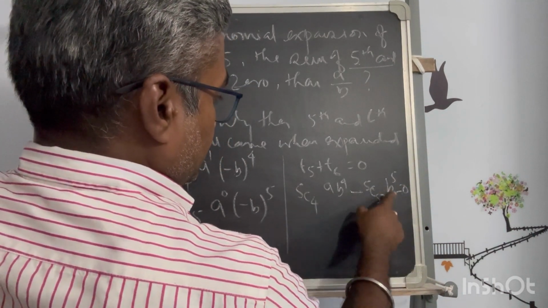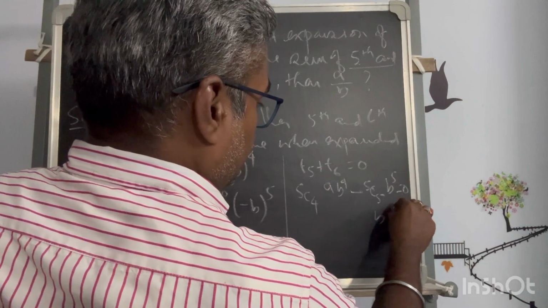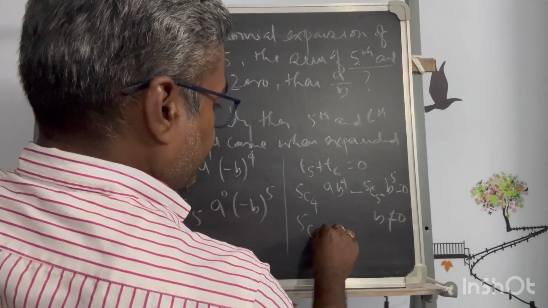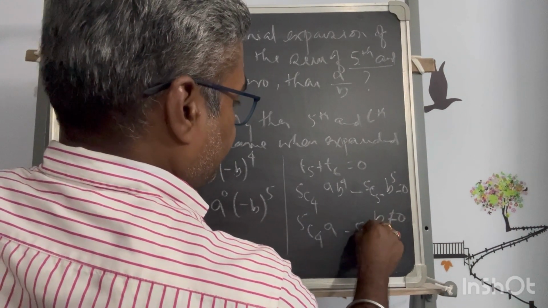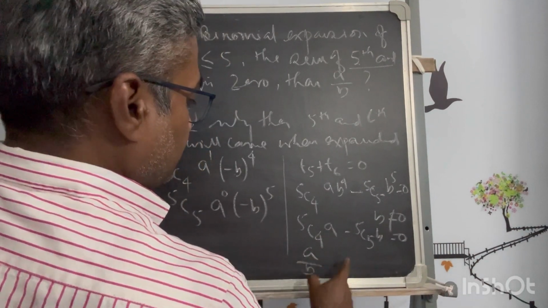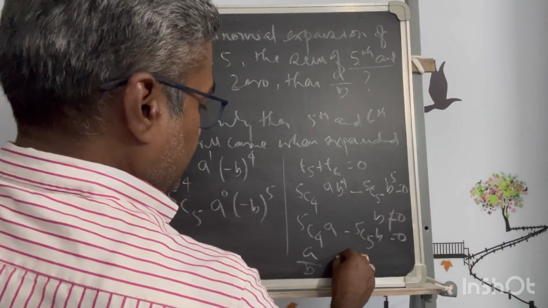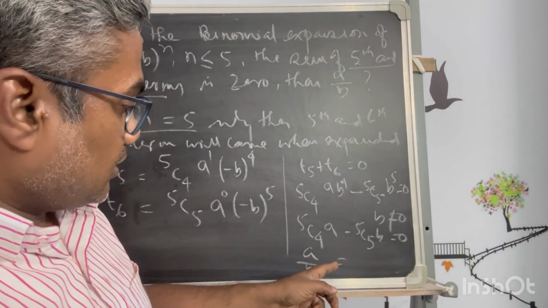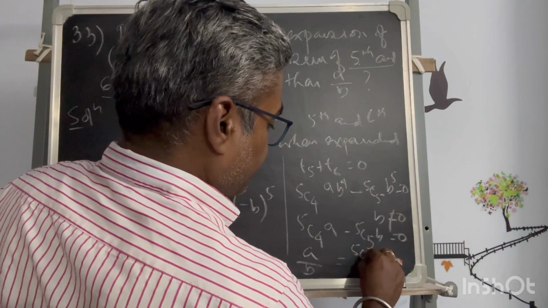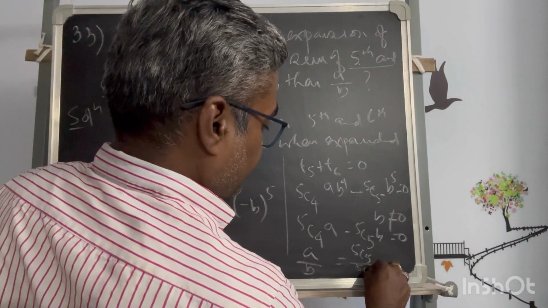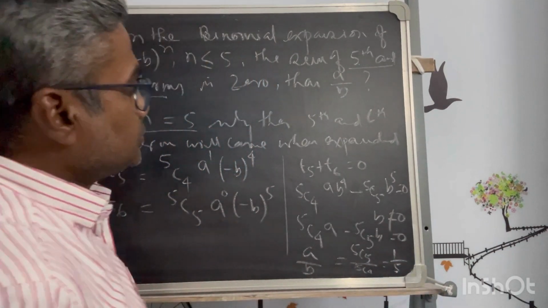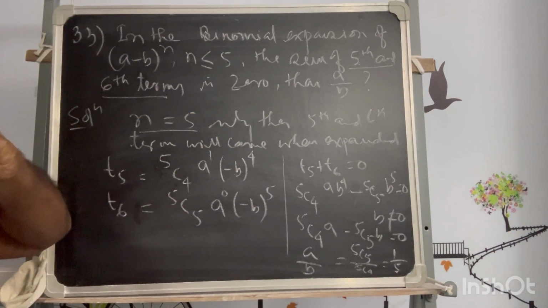Then b cannot be 0, so b to the power 4 can be cancelled out, so remaining will be 5C4 a minus 5C5 b is equal to 0. So a by b we have to calculate. So if I shift the other constants, a by b will be 5C5 by 5C4. So that is equal to, 5C5 means 1, 5C4 is equal to 5. So 1 by 5 would be the answer. Okay.